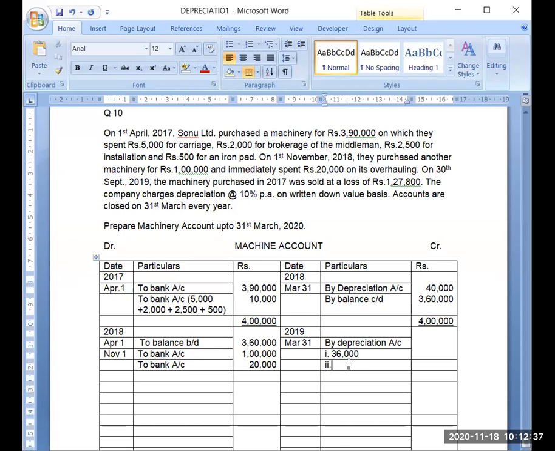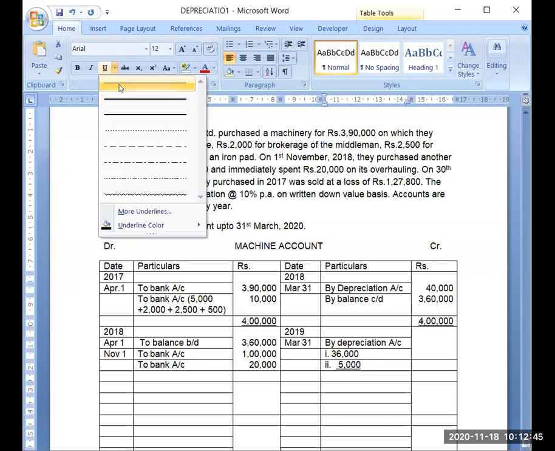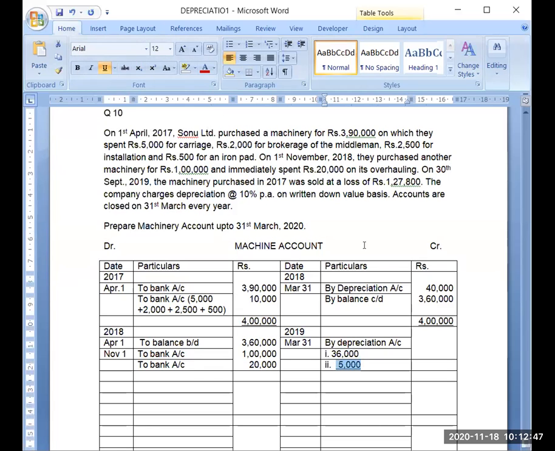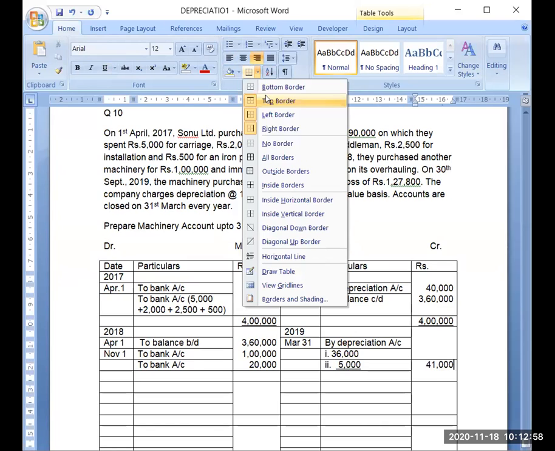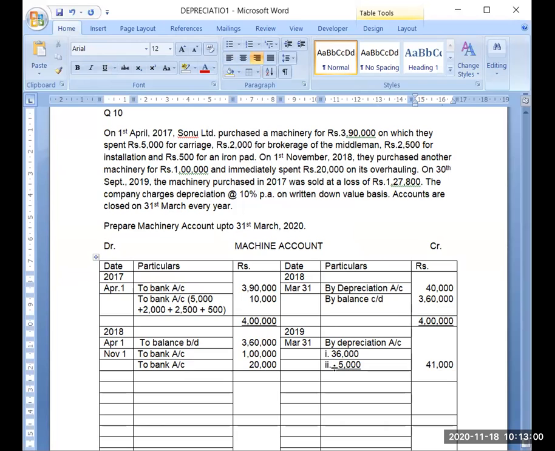So the depreciation here will be 5,000. And the total depreciation charge will be 41,000. Now we can calculate the balances.